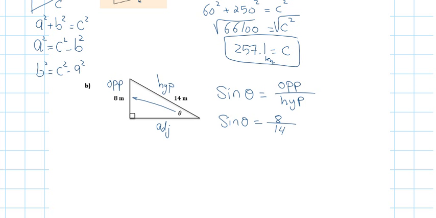Anytime you're looking for an angle, to solve for that angle, you have to do the opposite operation, which is the inverse of sine. Okay? So to solve for theta, I have to do the sine inverse of 8 over 14. Make sure that when you do that, you put the 8 over 14 in brackets.